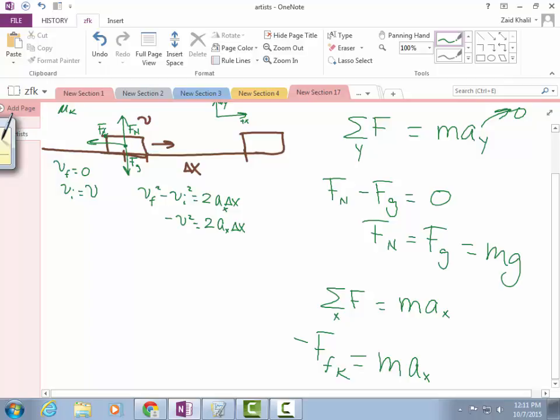But what is Ffk equal to? The force of kinetic friction is equal to mu k times Fn. But Fn is equal to Fg.